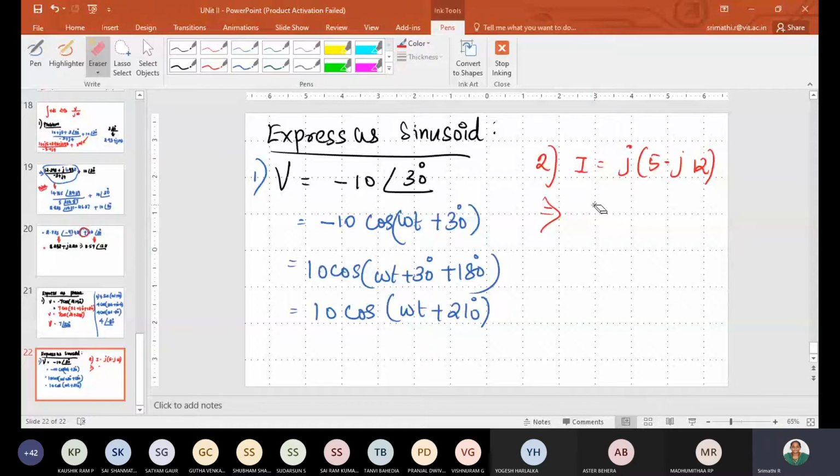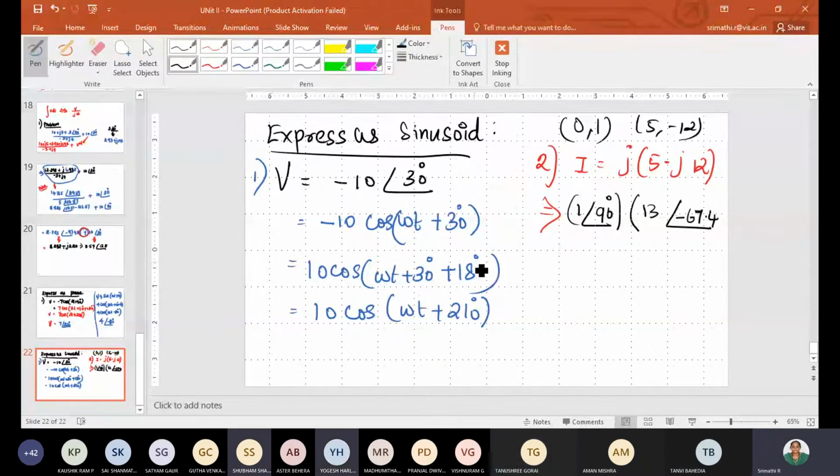Use your calculators. Without a calculator, you cannot proceed. 13 angle minus 67.38. I'll write it as 67.4.